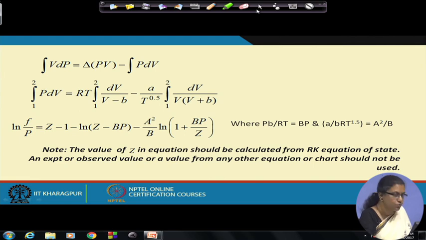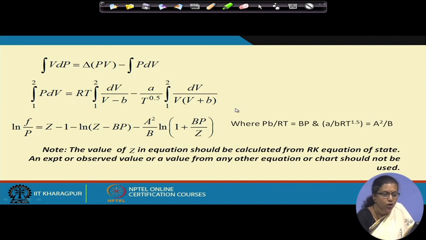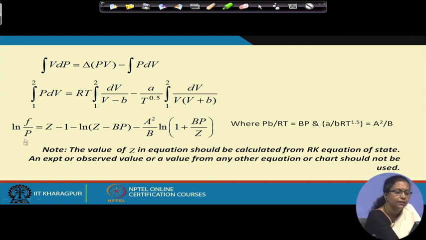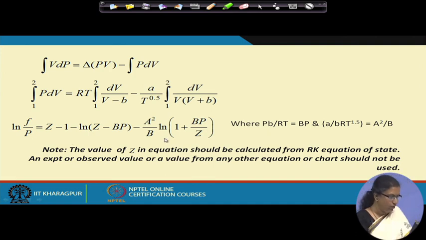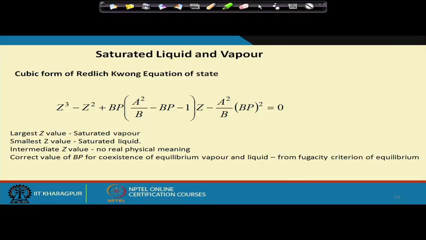We should be calculating z from here, and we should not be using any experimentally observed value of z, or take z from any other equation or chart, if we want to get a correct value of the fugacity coefficient using the Redlich-Kwong equation of state. The other interesting thing, which I had also discussed earlier, is that the Redlich-Kwong equation of state is a cubic form.